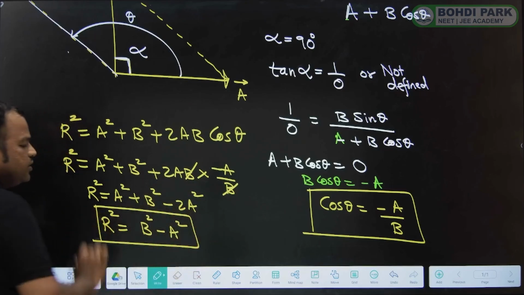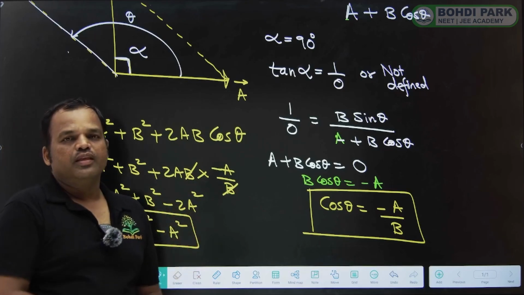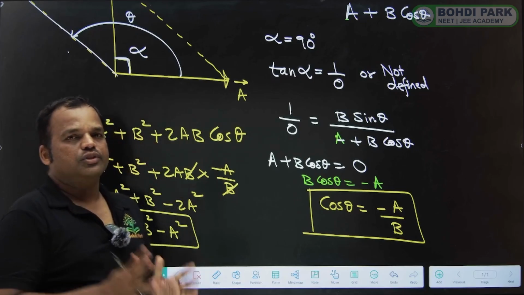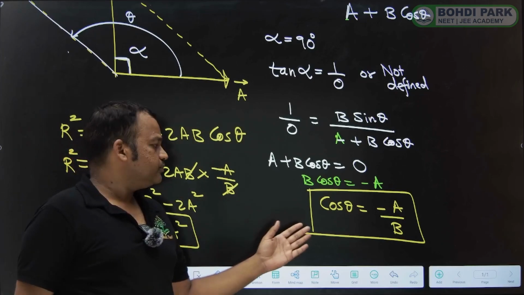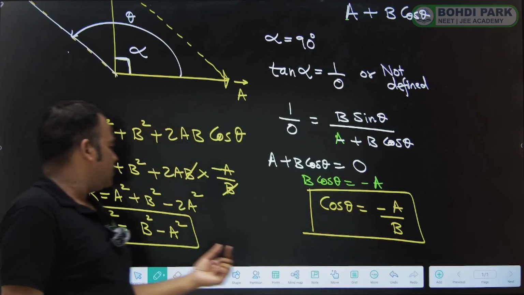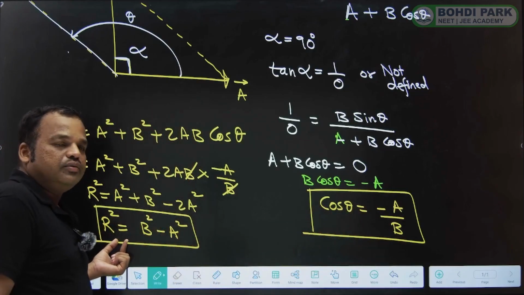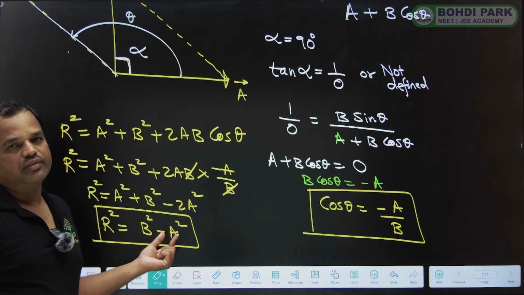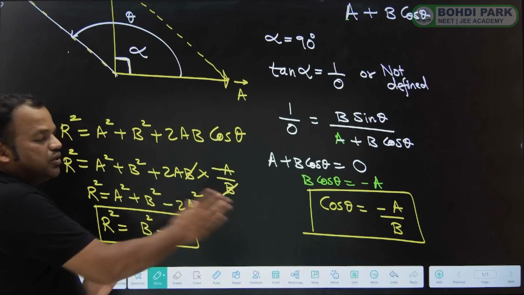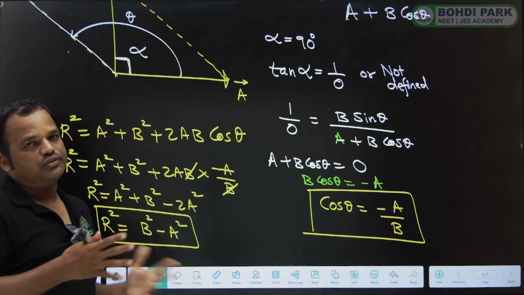This is another shortcut formula. So now we have two shortcut formula in this video. Cos theta is equal to minus a by b. R square is equal to b square minus a square. Now let's use these two shortcut in the question.